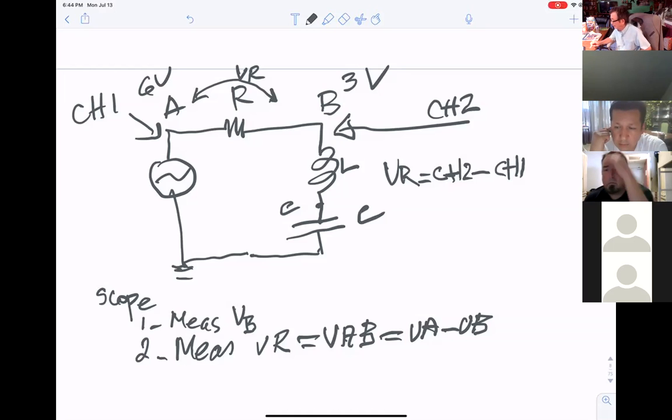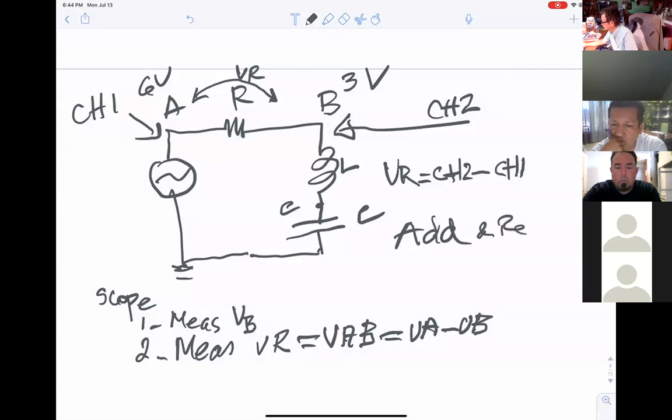However, when you're doing it on the older scope, they say you have to use add and invert. That means when they developed the older scope, they didn't have a scope like we do.